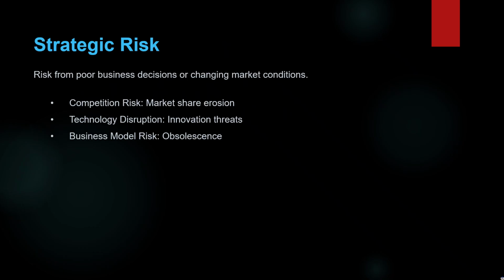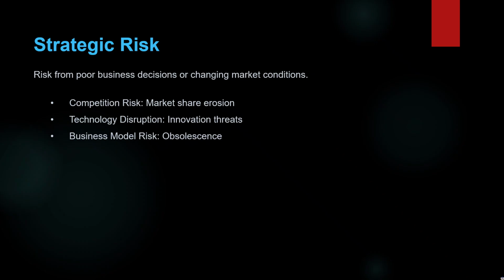Strategic risk arises from poor business decisions or changing market conditions that affect the long-term viability of the organization. This is different from other risks we have discussed because it's more about fundamental business direction. Competition risk involves market share erosion. New entrants, especially fintech companies, are disrupting traditional banking models with better technology, lower costs, and superior customer experience.